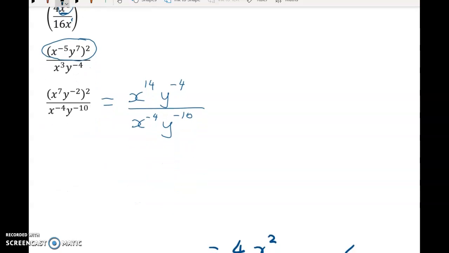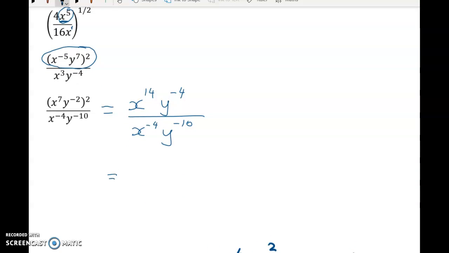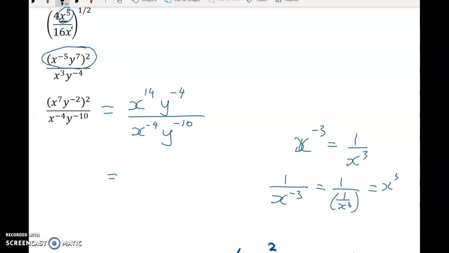So everything that's got a negative power needs to be on the opposite side of the fraction line, right? And the reason for that is that if I've got x to the negative 3, that's equal to 1 over x cubed. But if I've got 1 over x to the negative 3, that means I've got 1 over 1 over x cubed, which is the same as x cubed.